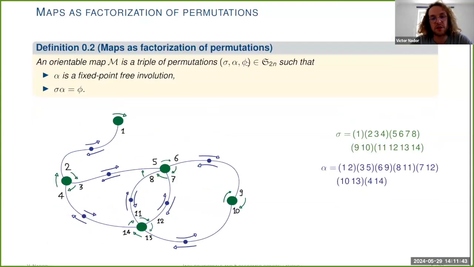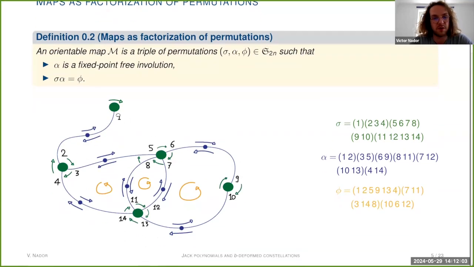And finally, the third permutation phi is going to encode the structure of the faces of the map. And so phi has to satisfy sigma alpha, which simply encodes the fact that if I go around a vertex, then an edge, vertex, edge, and so on, then I'm going to describe the faces of my map. So in this example, you have a cycle 1 on the left, 2, then 5, then 9, and so on.